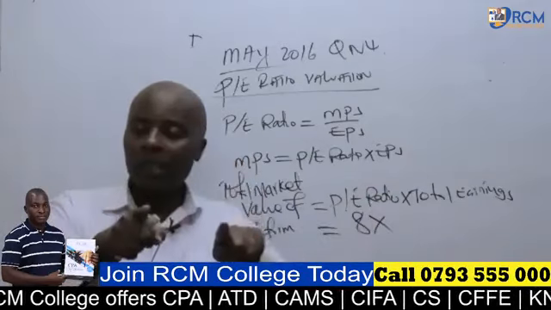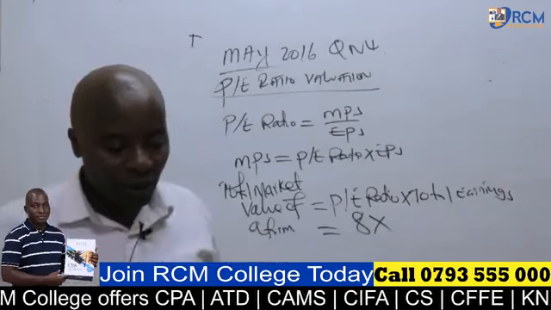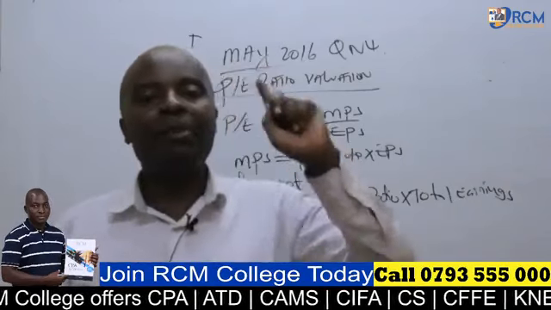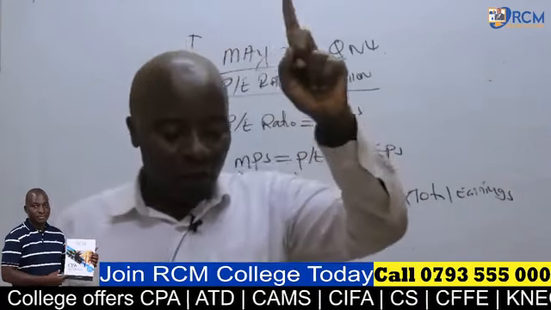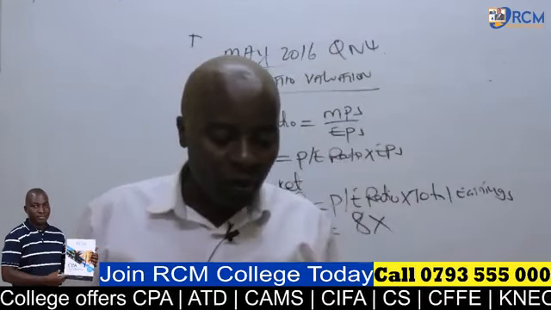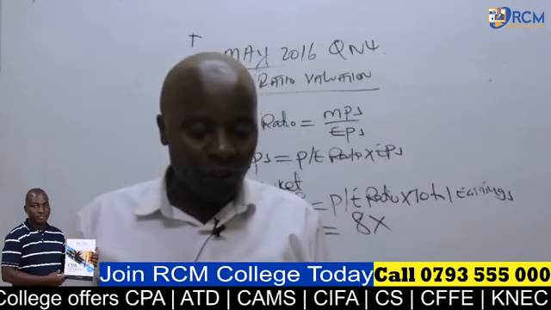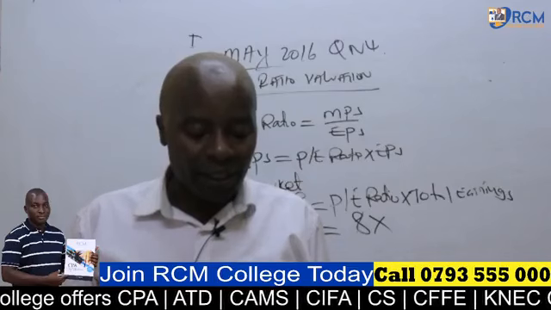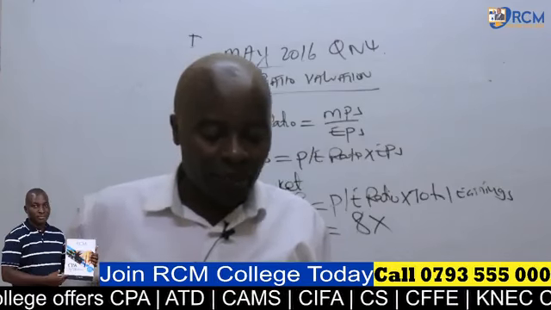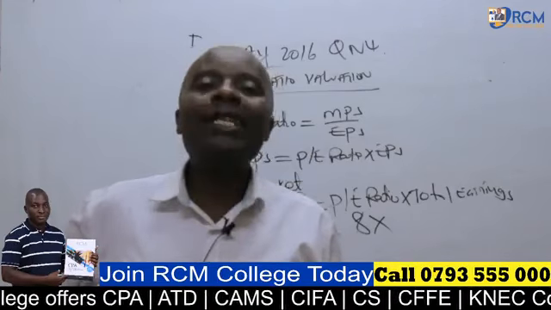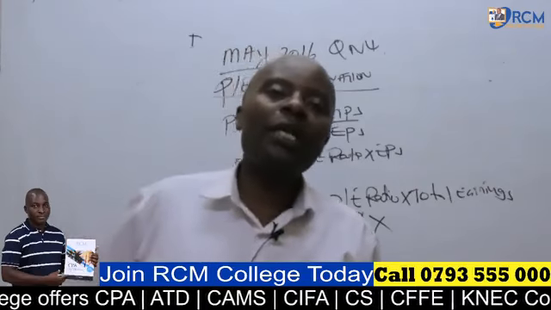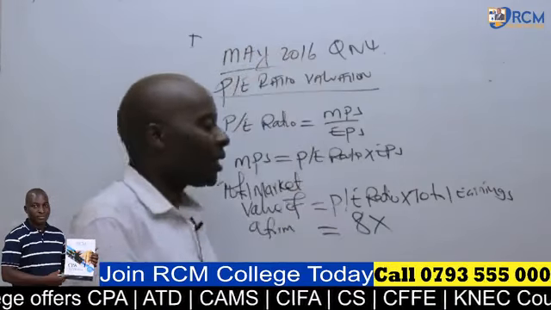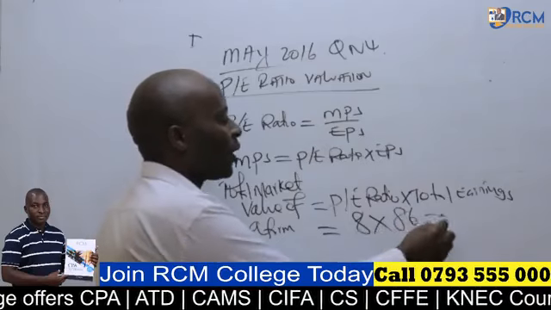The total earnings were given at the beginning in paragraph number 1. Huge Limited intends to take over Tiny Limited, another company in the same industry. Tiny Limited is expected to post earnings of 86 next year. So times 86.